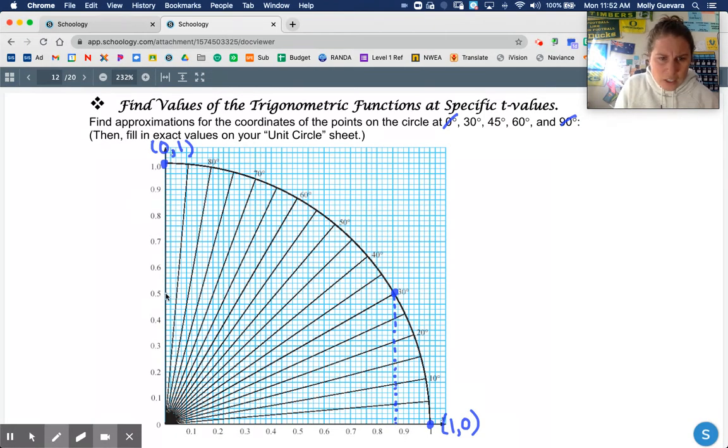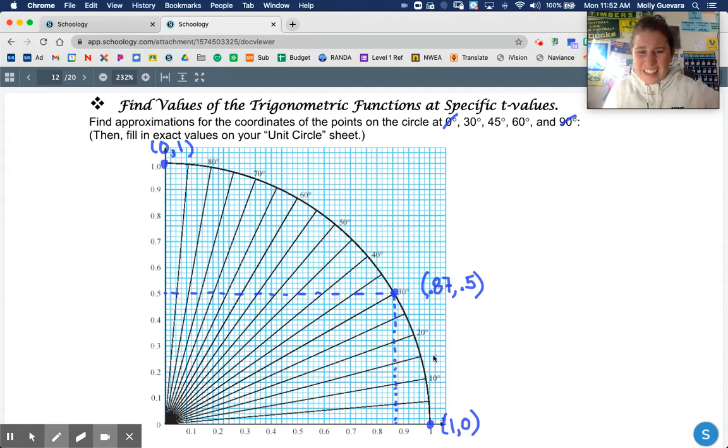But as I go across here, I can see that the y coordinate is 0.5. So my x coordinate here, I'm just going to tell you, is 0.87. And then my y coordinate is 0.5.